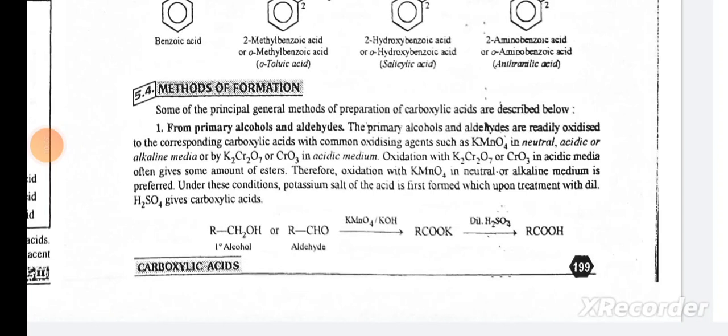Oxidation with K2Cr2O7 or CrO3 in acidic media often gives some amount of esters. Therefore, oxidation with KMnO4 in neutral or alkaline medium is preferred. Under these conditions, the potassium salt of the acid is first formed, which upon treatment with dilute H2SO4 gives carboxylic acids.